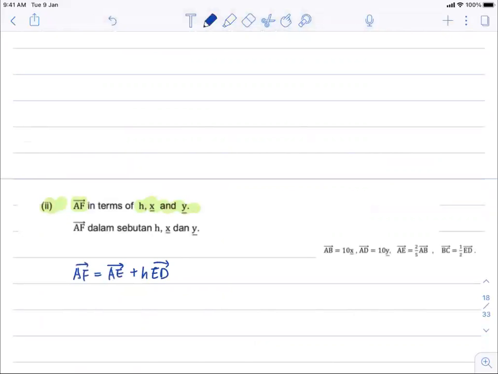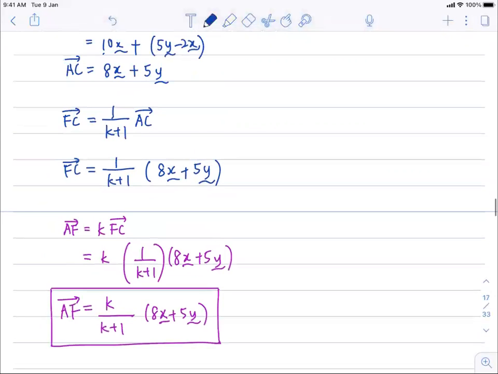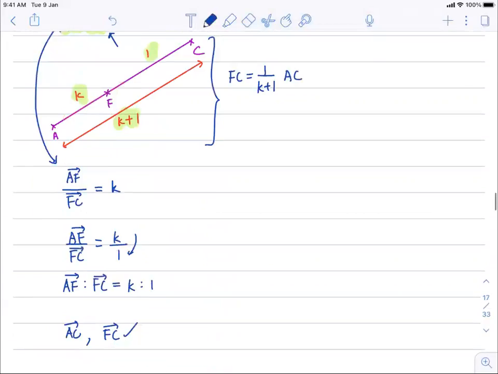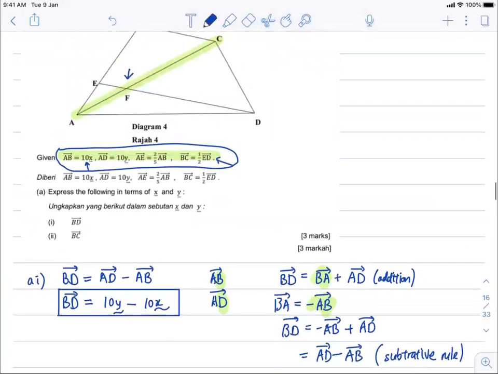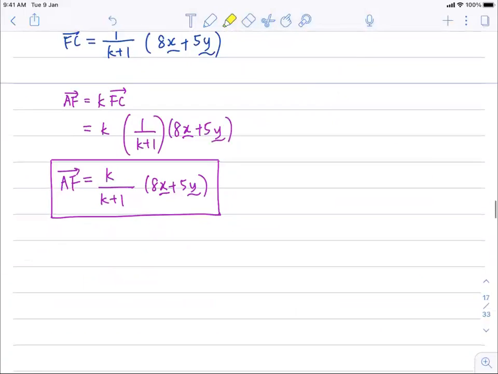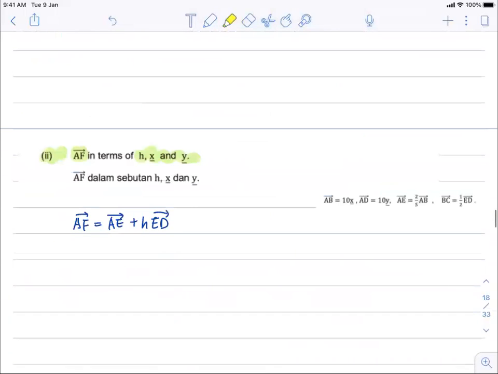Okay, so we need to find AE first. What is AE? The question already tells us AE is 205 AB. So we can substitute in AE is equal to 205 AB. And then we want to substitute in a value for ED.